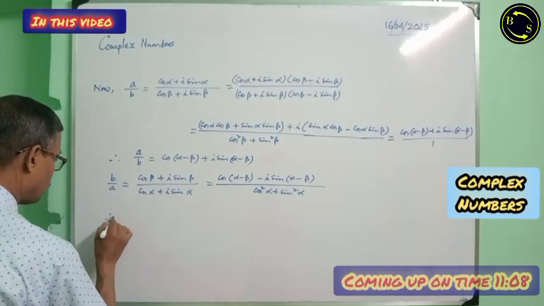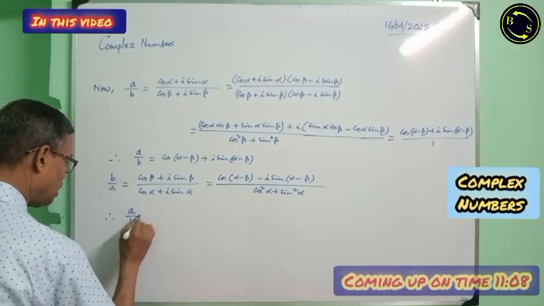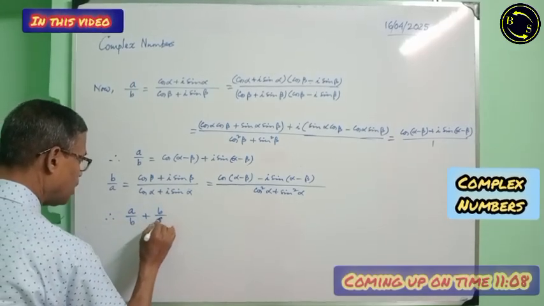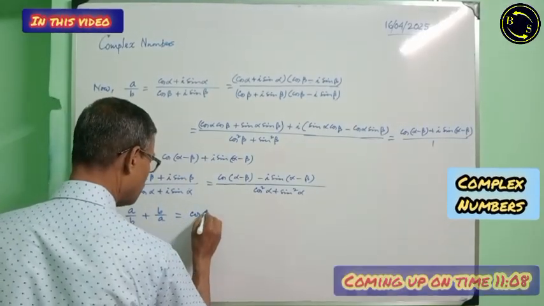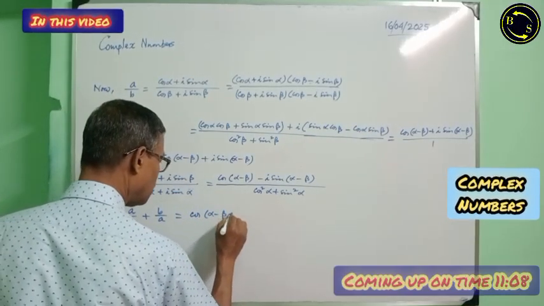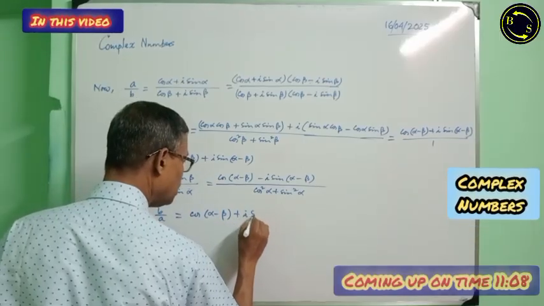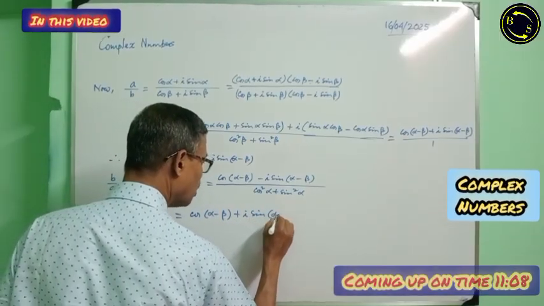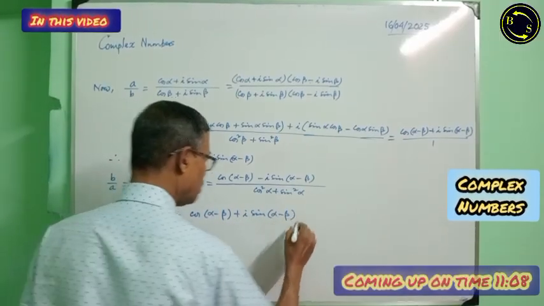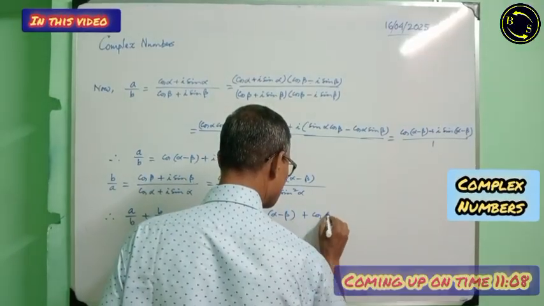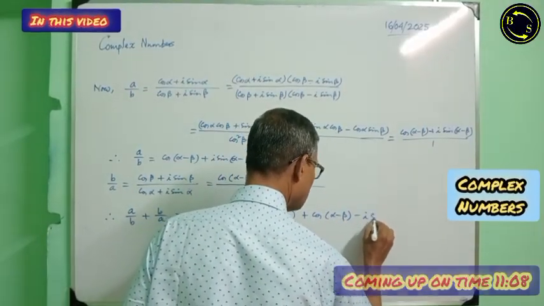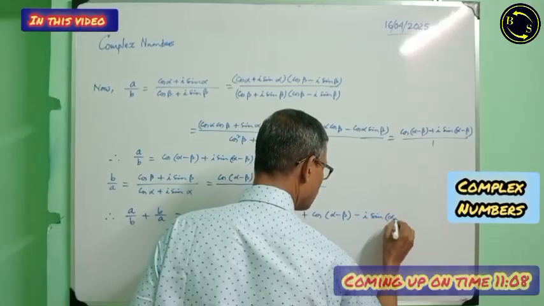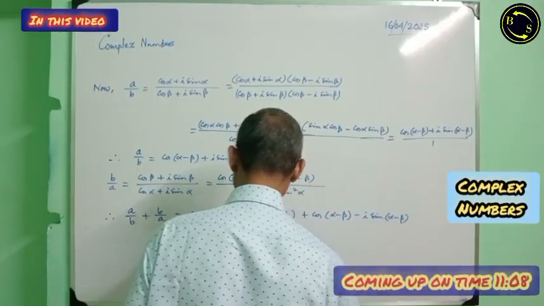these two. Therefore a by b plus b by a will be equal to cos of alpha minus beta plus I sin of alpha minus beta plus cos of alpha minus beta minus I sin of alpha minus beta.